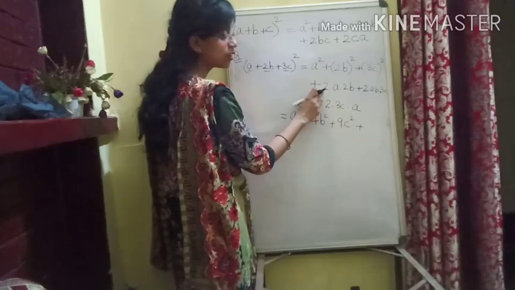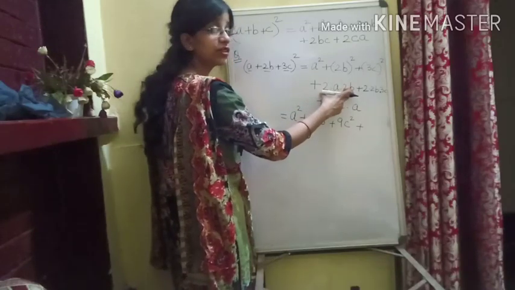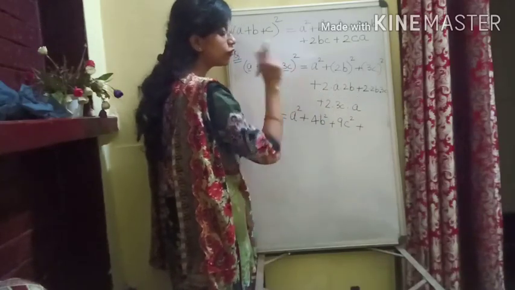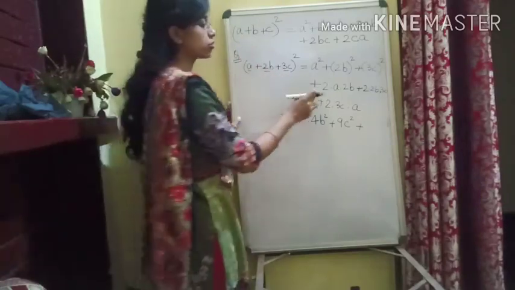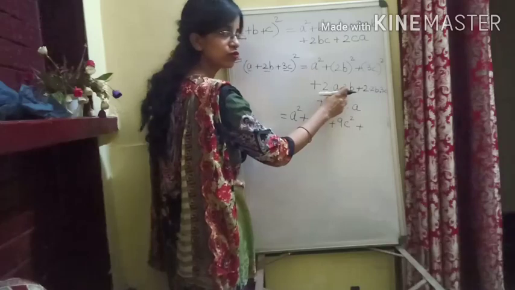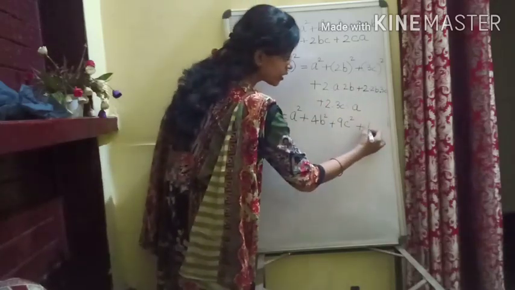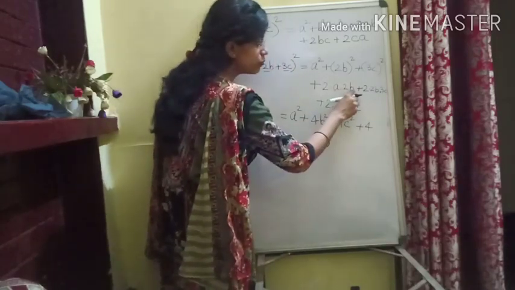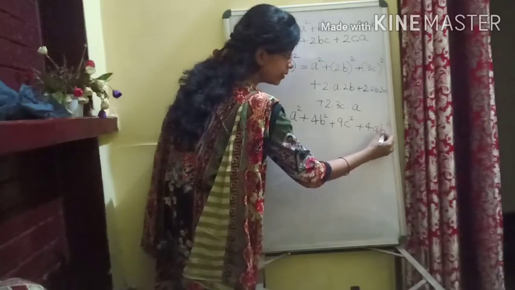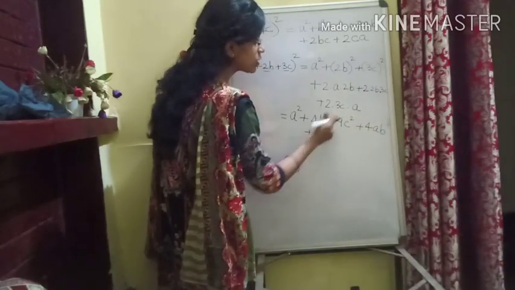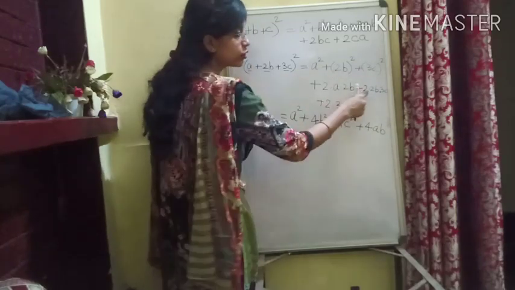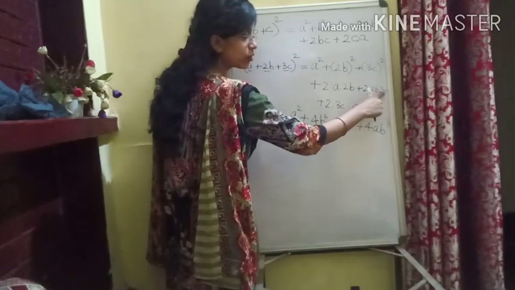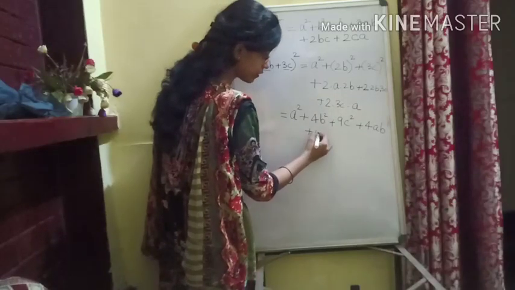Now plus, here you see these terms are all given in multiplication. So first we will multiply the numbers and then we will go for the variables. Here we have two numbers, 2 into 2, that is 4. So we will write 4 here, a into b, ab, plus what is our second term? Here we first multiply the numbers. 2 into 2 is 4, 4 into 3 is 12.